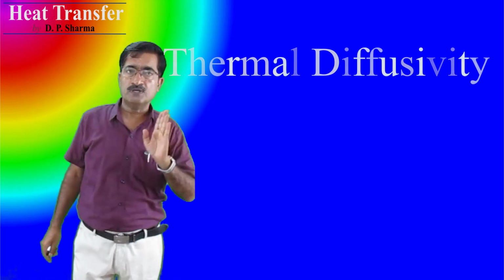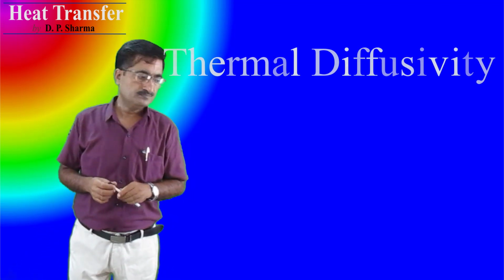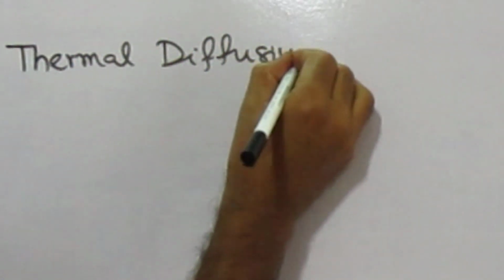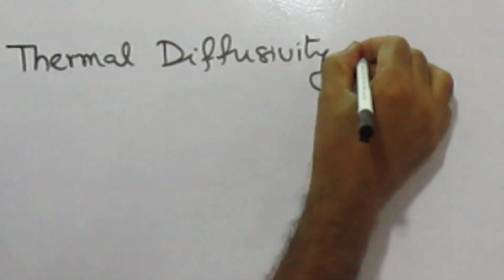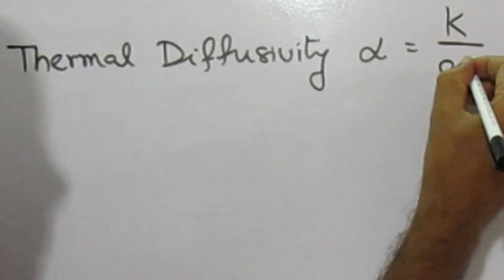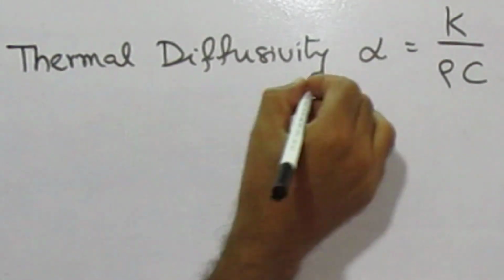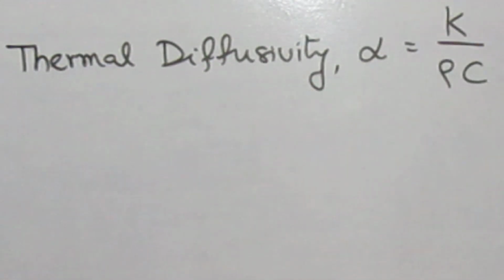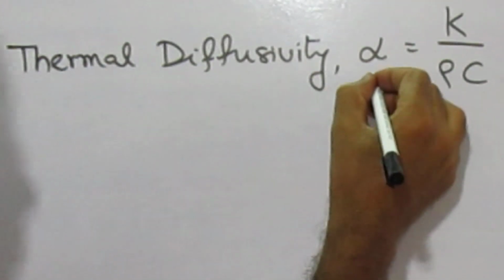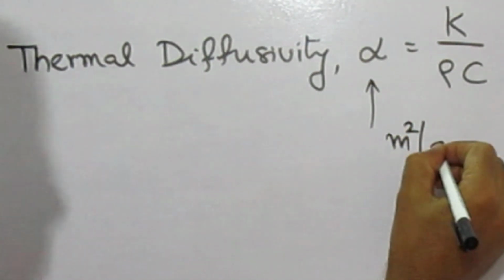The unit of thermal diffusivity is meter square per second. It is the ratio of thermal conductivity K divided by density into specific heat capacity. So alpha equals K by rho C. The unit of alpha is meter square per second.